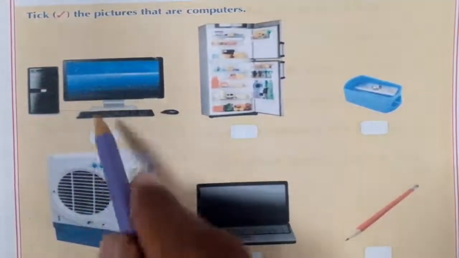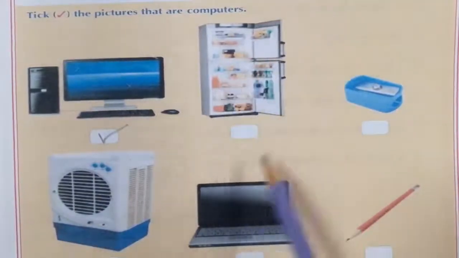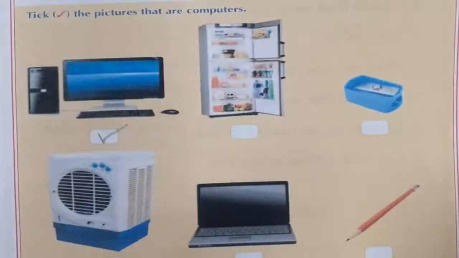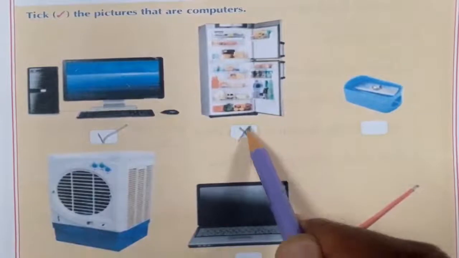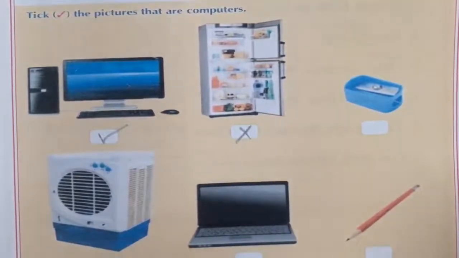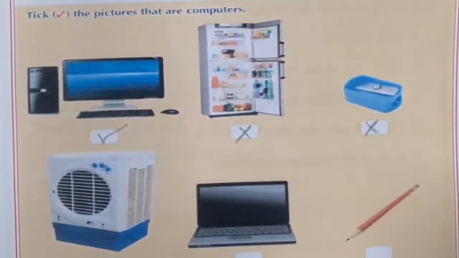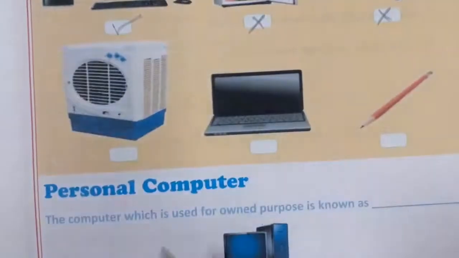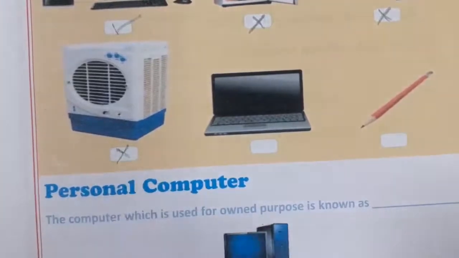So you tick here in this way. This picture is a computer? No. So you make a cross here. Then this picture is a computer? No. You make a cross here. Understand? Next. This picture is a computer? No. You make a cross here. This is a computer? Yes.